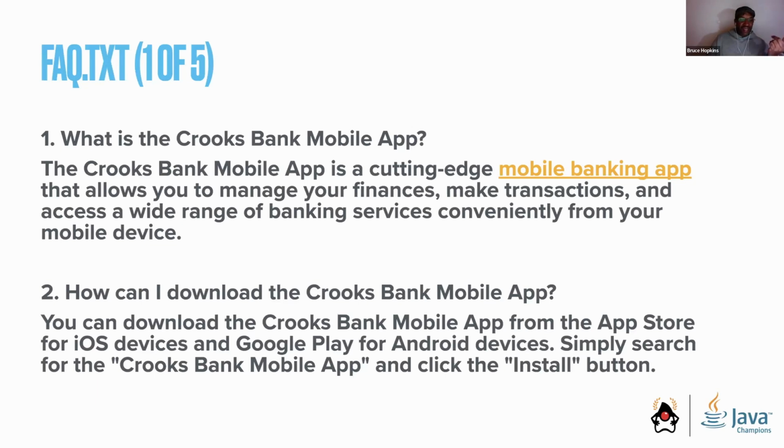So what was the second thing I provided? Well, I provided a frequently asked questions text file. There's no point in reading the whole text file here, but let's talk about the main things. I specified what is the app, with the answer. How can I download it, with the answer.